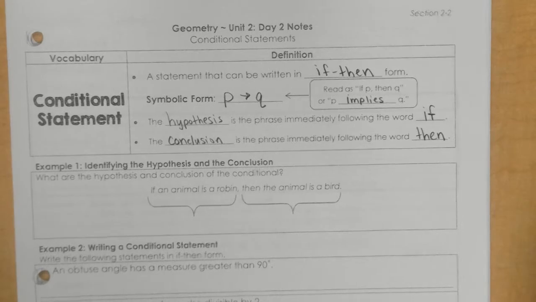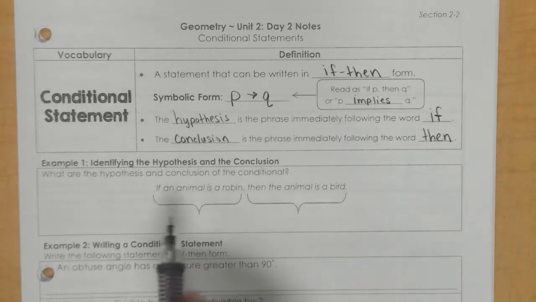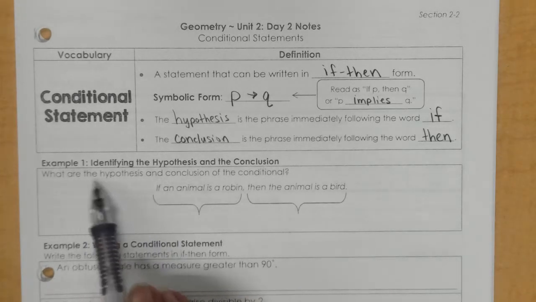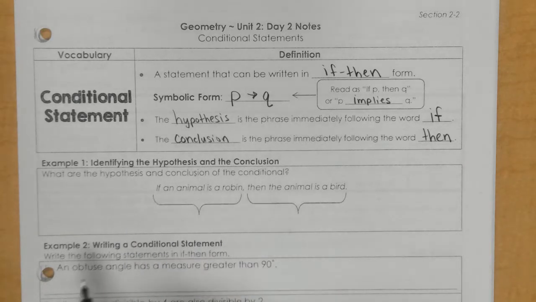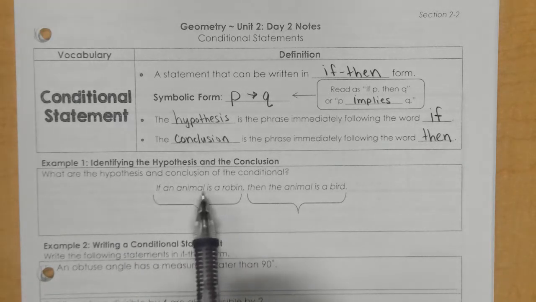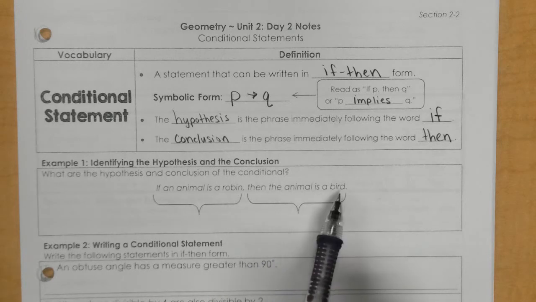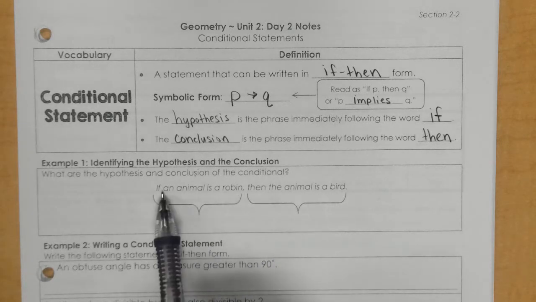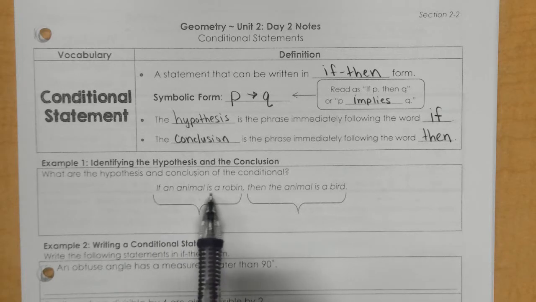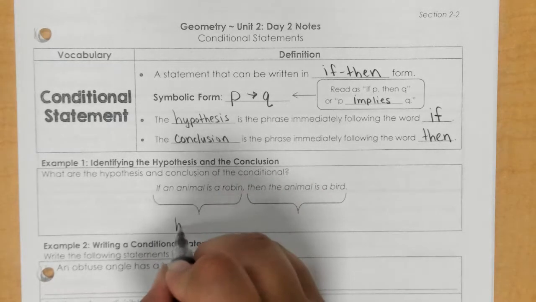So if you look at example 1, it says, what are the hypothesis and the conclusion of the conditional statement? So if an animal is a robin, then the animal is a bird. Okay, well, following the word if, this part here, an animal is a robin, that is your hypothesis.